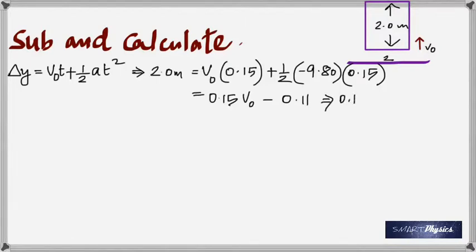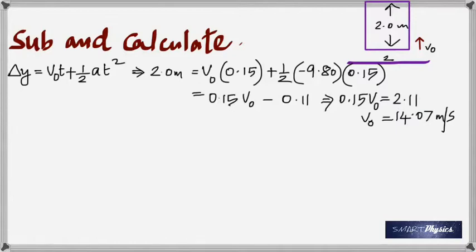You have to realize there are two terms here, that this is the second term, and you just got to write that second term down. It comes out to be 0.11, and that's the first term. And then you got to switch the sides, and there's already a 2 on the other side, so 2 plus 0.11 is 2.11, and you get V naught is 2.11 divided by 0.15, which is 14.07 meter per second.